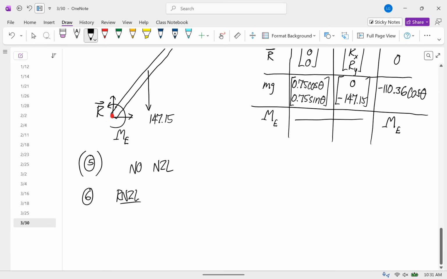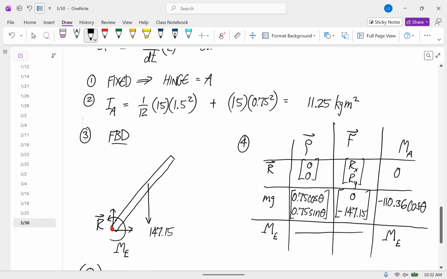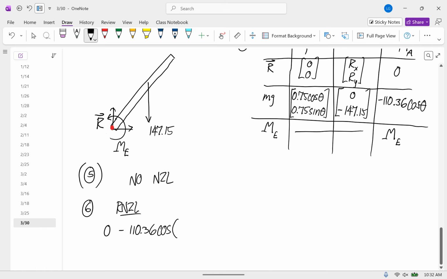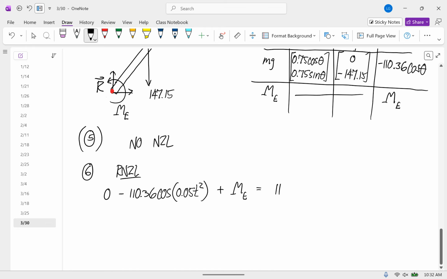That says we add up all the moments. So that's 0 minus 110.36 times the cosine of, and I'm going to substitute in what we know theta is now, 0.05 t squared, plus ME is equal to the moment of inertia, 11.25, times the angular acceleration.